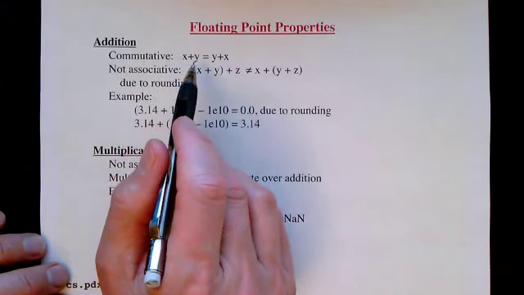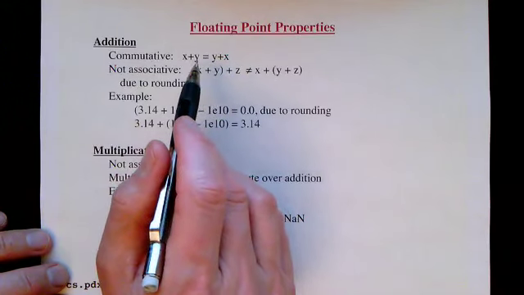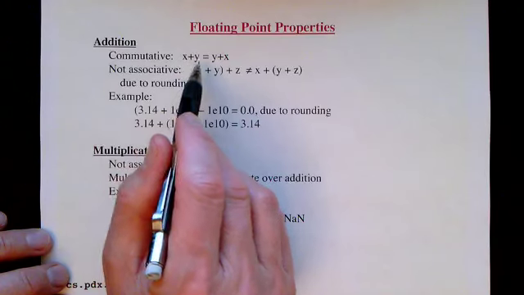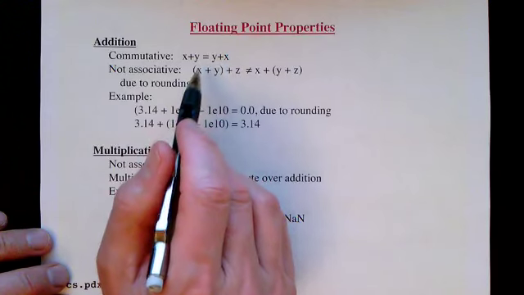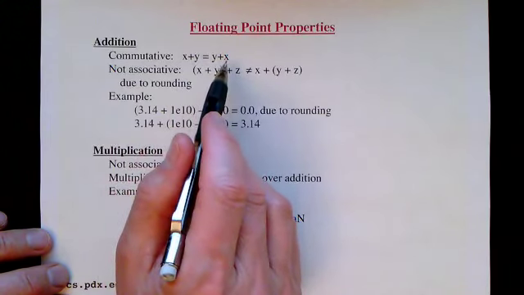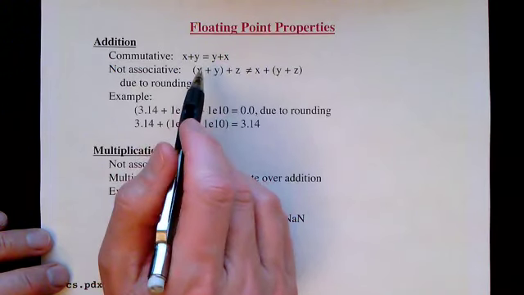In the case of floating point numbers, they are commutative. This is a property you learn about numbers, that x plus y is equal to y plus x, and that applies when you do floating point addition. It doesn't matter which order you add them in.